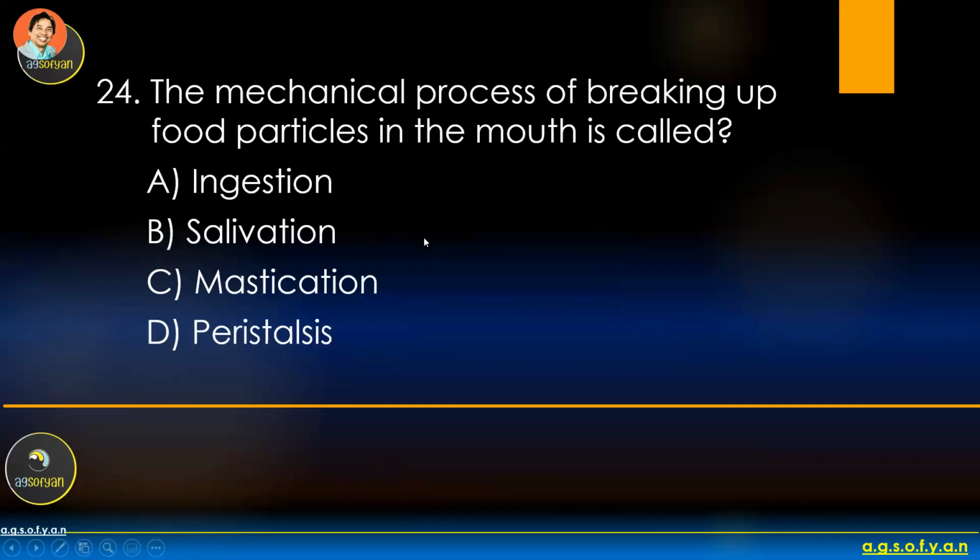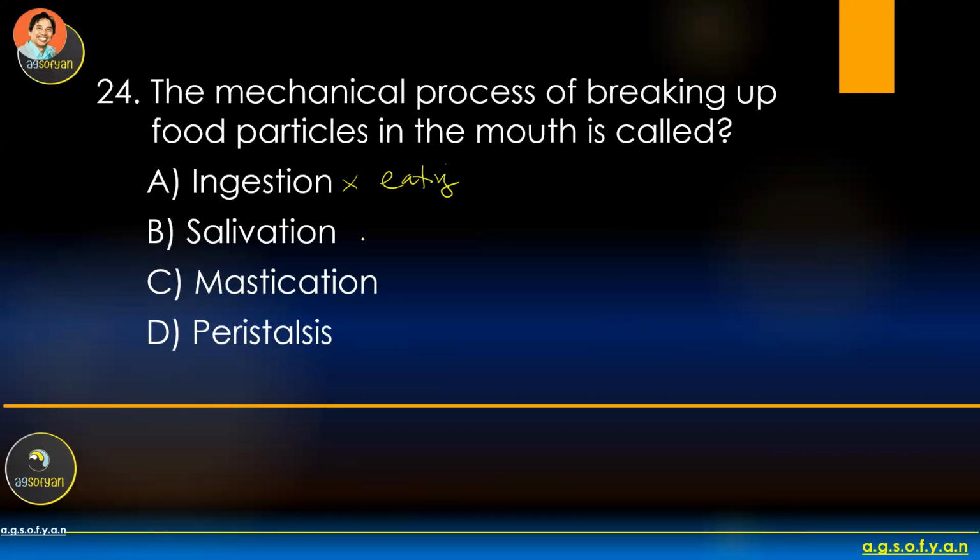The mechanical process of breaking up food particles in the mouth is called ingestion, salivation, mastication, or peristalsis. Which one is that? Ingestion is not, because this is the process of putting food in our mouth, so this is eating.